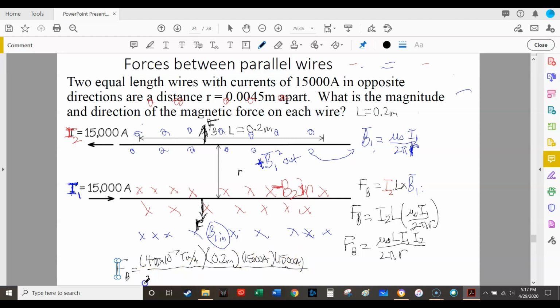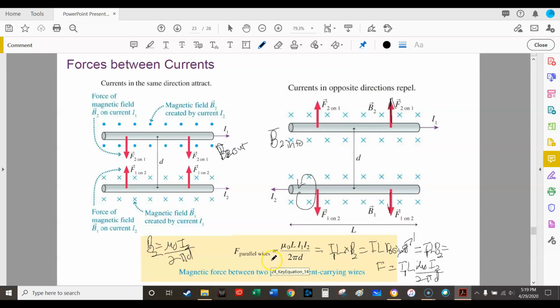divided by 2 pi, and let me go ahead and center that 2 pi. So this will be 2 pi times the distance d apart.